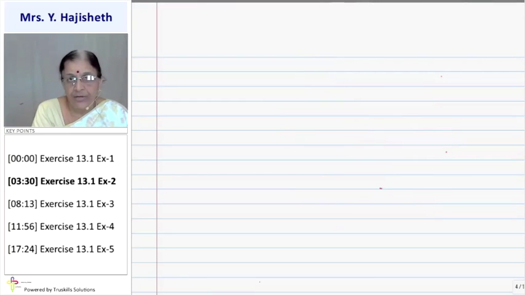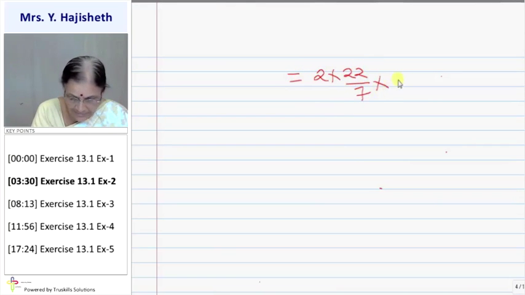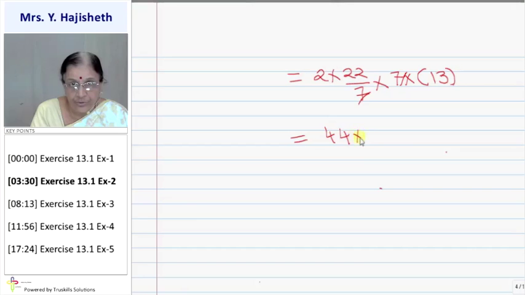You are putting the value of 2, then pi is 22 by 7, r is 7 and r plus h is 13. So 7 cancel. So what is it? 44 into 13. And 44 into 13 is 572 centimeter square. Clear?